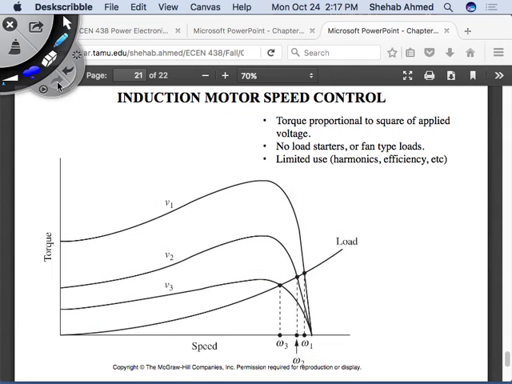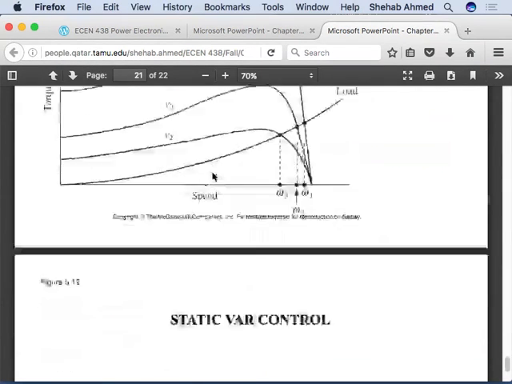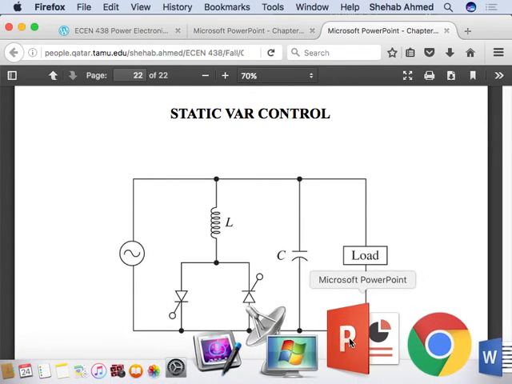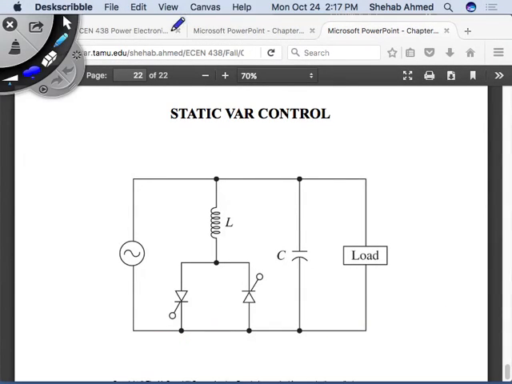The other application that is very common as well is static VAR control. I think we also briefly talked about this earlier, but this is another main application. Power factor. VAR is volt amperes reactive, or reactive power. How do you control reactive power?